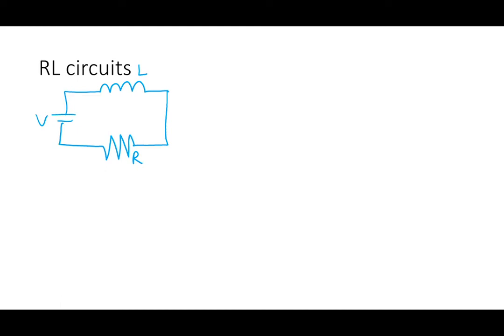So in this case, if you do the loop rule here, you get plus V minus L di/dt minus IR equal to 0. Right?